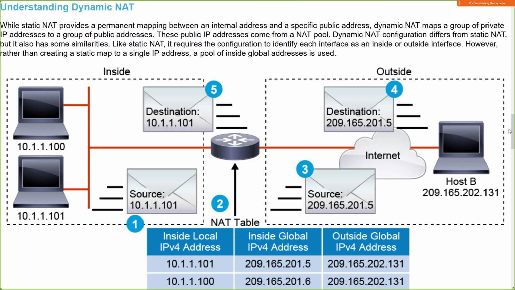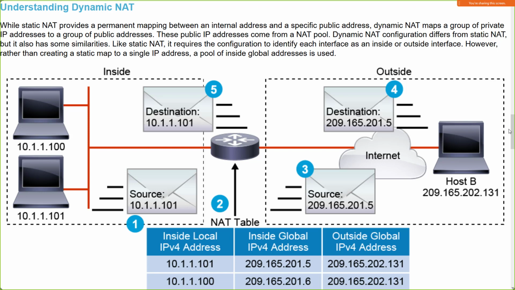Now, dynamic NAT, like I said, is where we set up a pool of addresses. And again, it's not very practical if we're just using dynamic NAT by itself, because the reality is, if you have 1,000 clients inside your enterprise, you're going to need 1,000 addresses in your pool to support that.